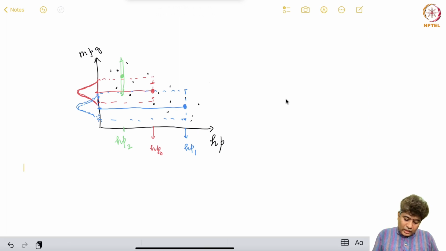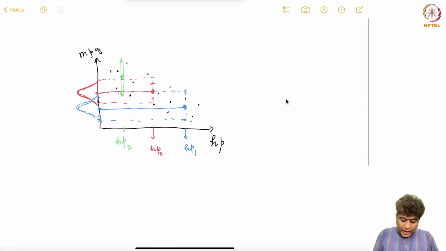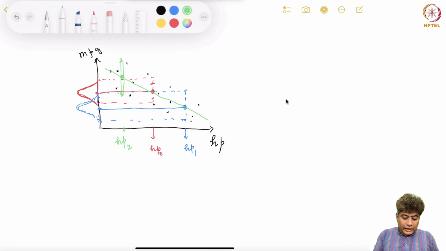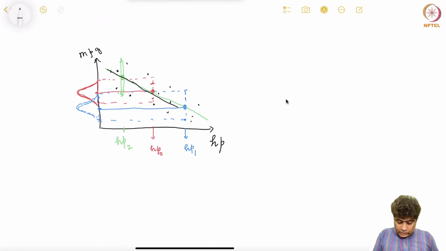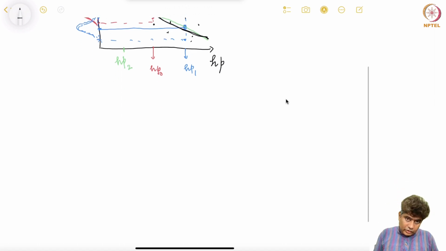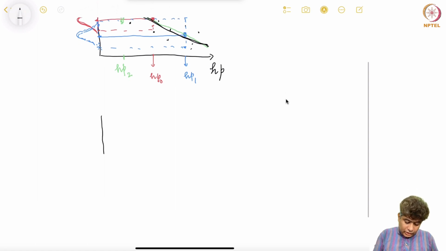Now if we join these expected values, then what we get is the expected line, or what we call regression line. Generally we can think of this as the line passing through the middle of the points. This is the expected line that we can think of.